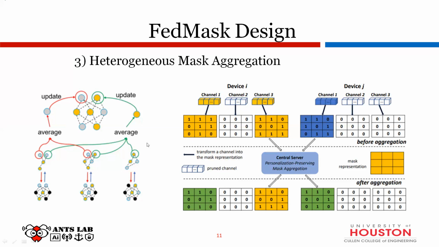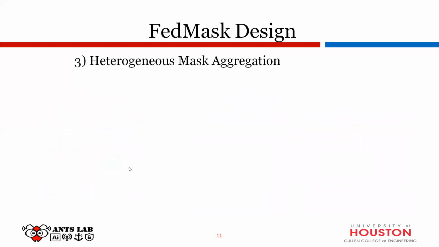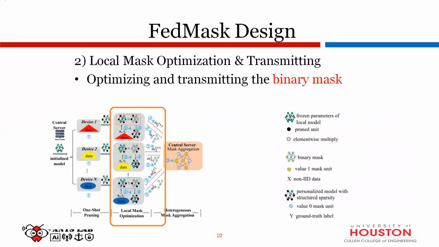So that's why when they update, they just update the ones that they actually have. And those pruned ones are because of the devices themselves; the devices already pruned these out.